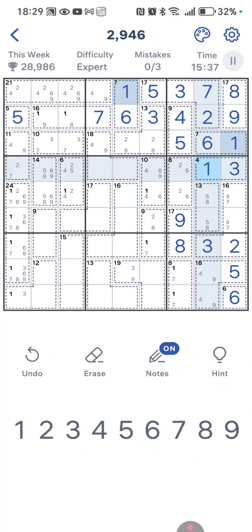Okay, so let's go back to some scanning. 1, 2, 3, 4, 5, 5, 5, 5, 6.